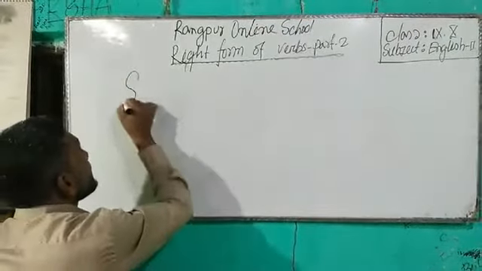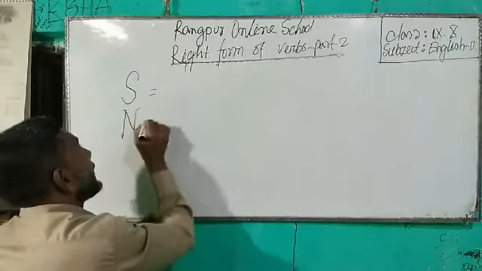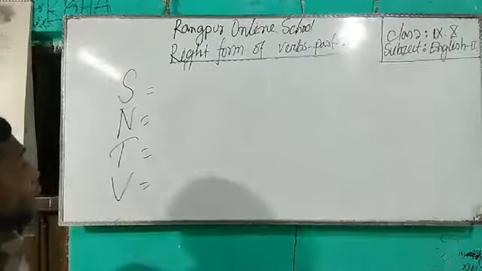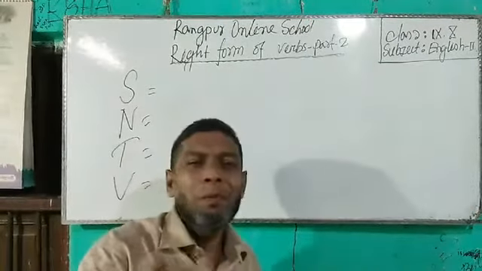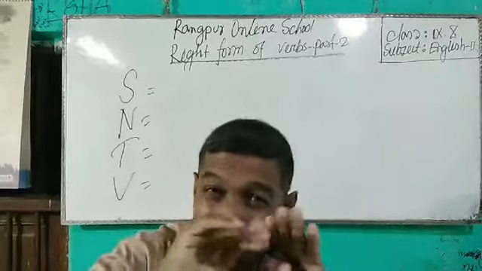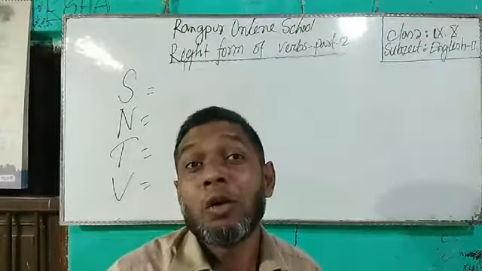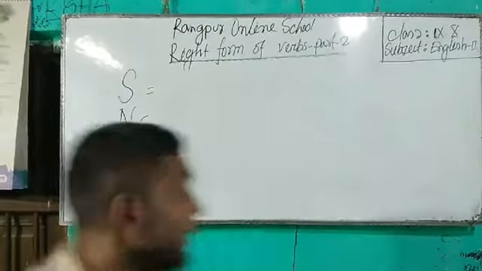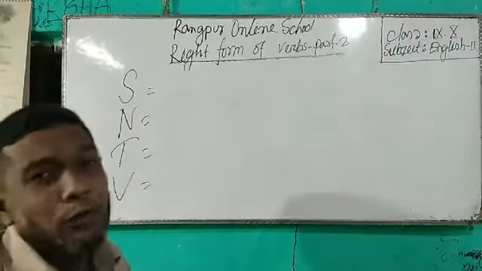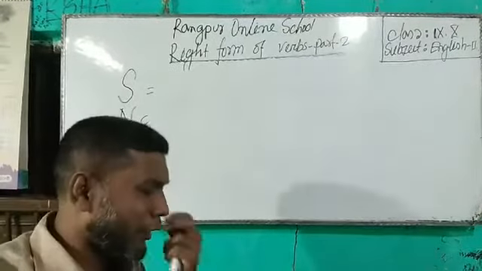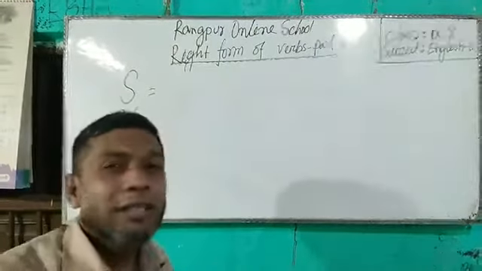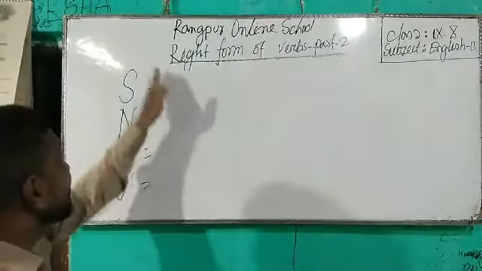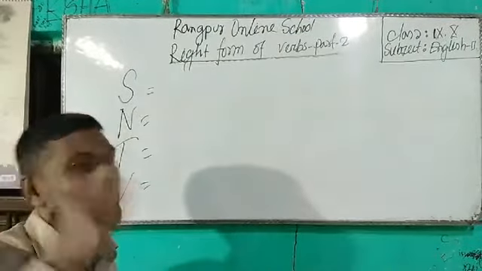This is S N T V. If you remember these four techniques only, you know NTV, there is a TV channel in Bangladesh, NTV, just your TV channel will be SNTV. You can remember it in your head very easily. So SNTV, suppose this is your TV channel. SNTV means this is the symbol of finite verbs.